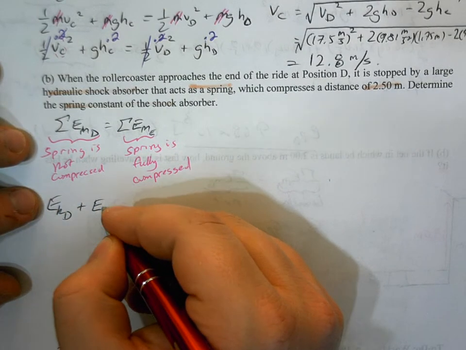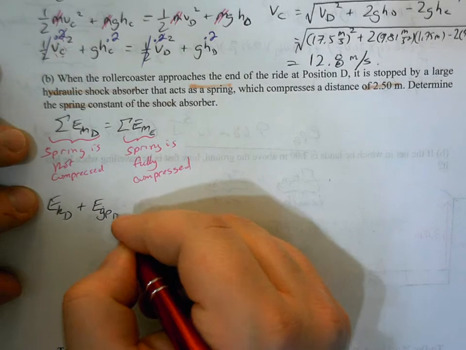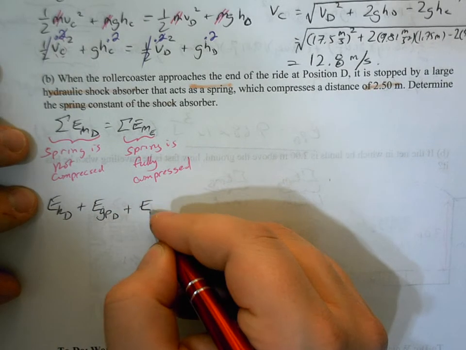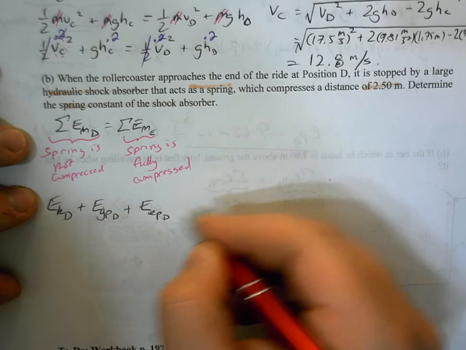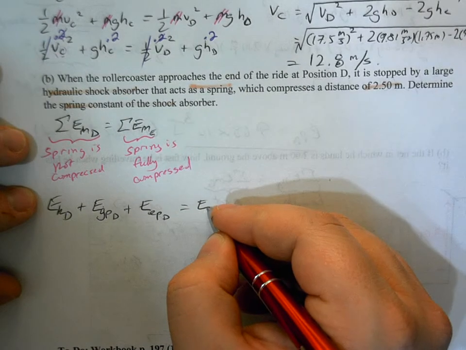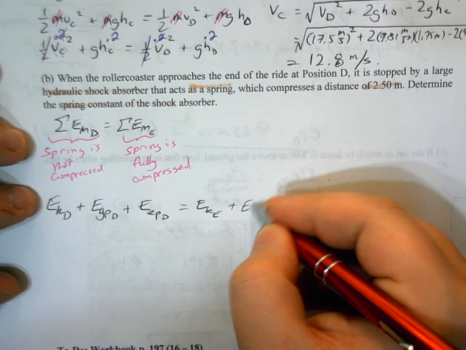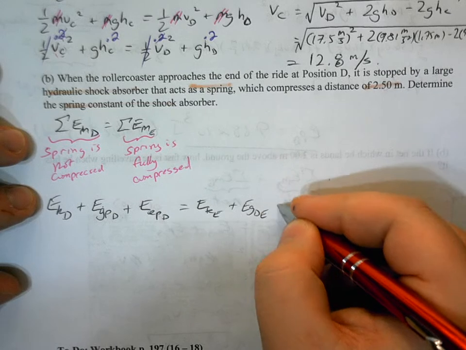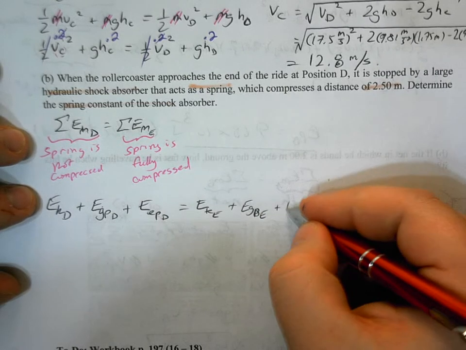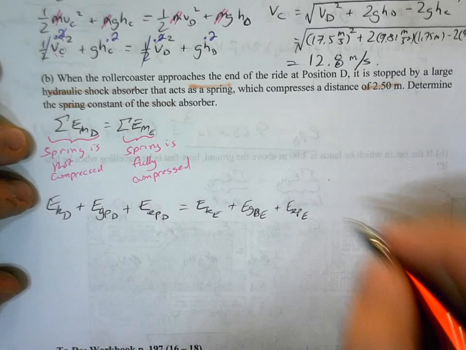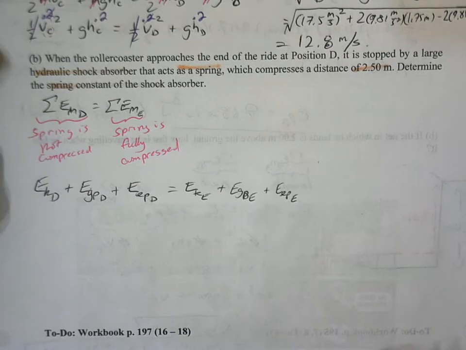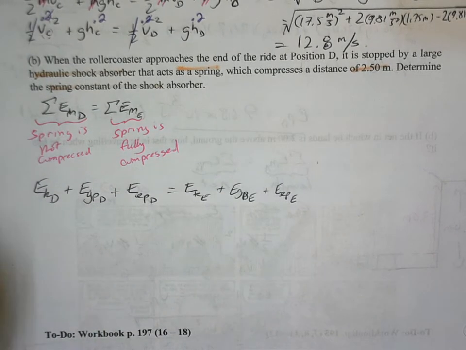So we're going to have gravitational potential energy at D, elastic potential at D, and then at E we may have kinetic energy, gravitational potential at E, and elastic potential at E. I'm just writing out the full statement of conservation of energy, and this looks really daunting. I promise you we're going to cut that down really quickly.